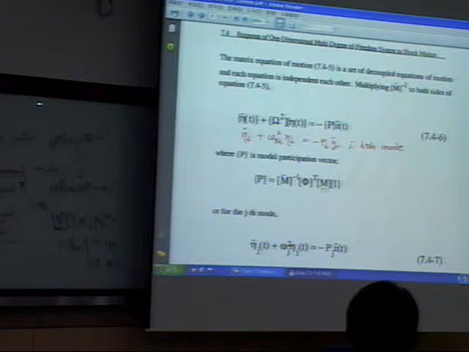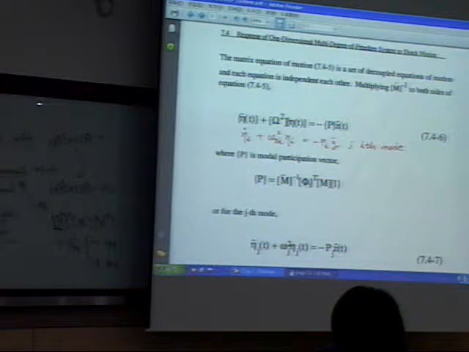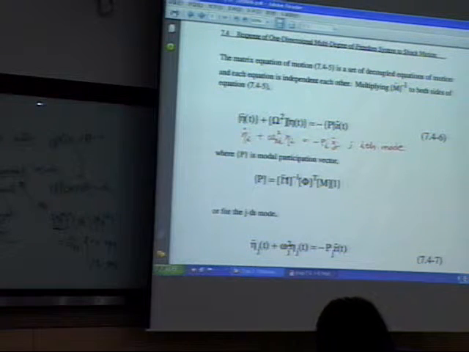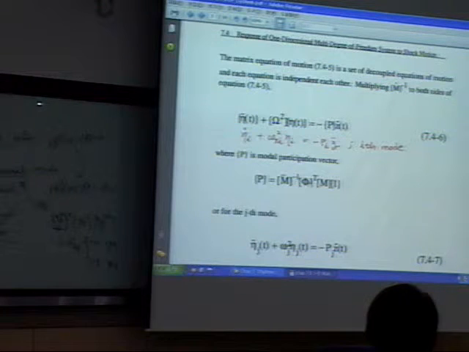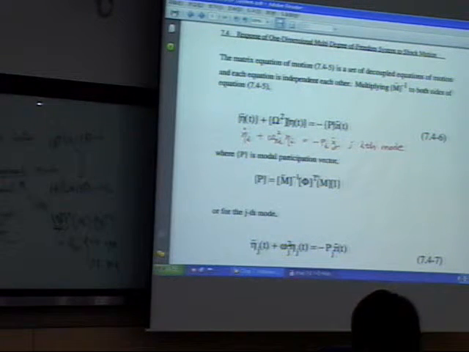If phi is an orthonormal matrix, this m bar is the identity matrix. So the inverse of the identity matrix is the identity matrix, so this is 1. The result is going to be phi transpose normalized, phi times m and 1.